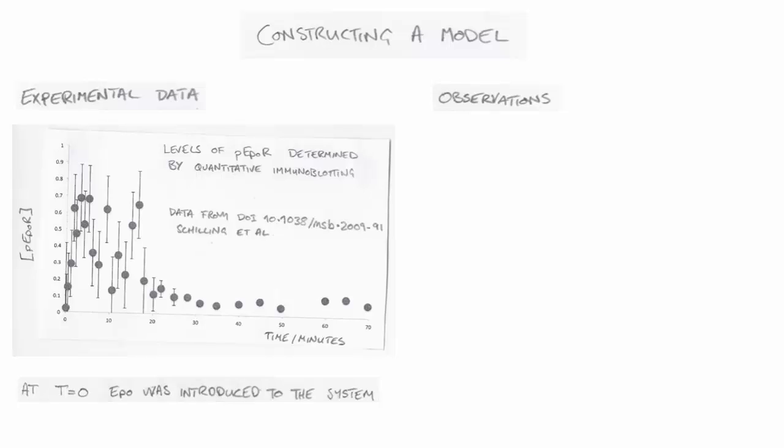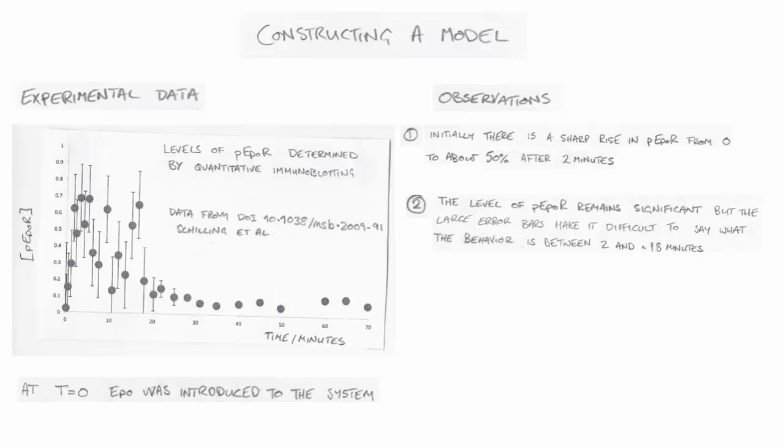So just observations, what is that showing us? Well, initially we get a sharp rise in the level of phosphorylation from 0 to about 50% after 2 minutes. The measurements fluctuate quite a lot, but it seems that there's significant phosphorylation until about 20 minutes.